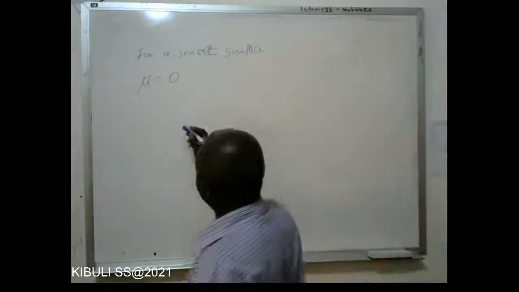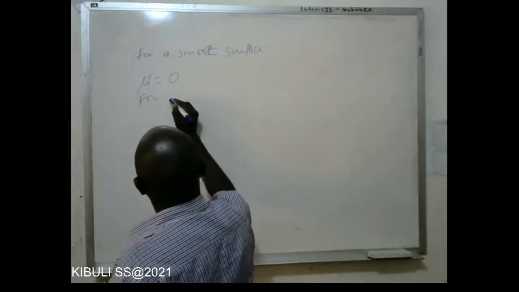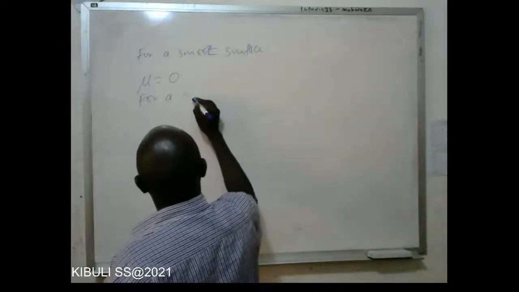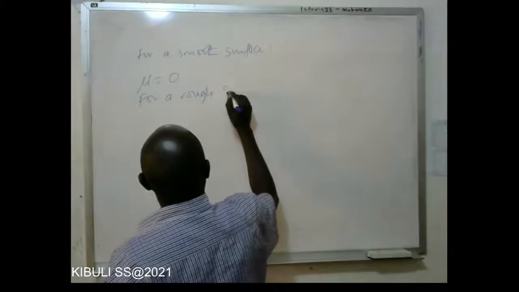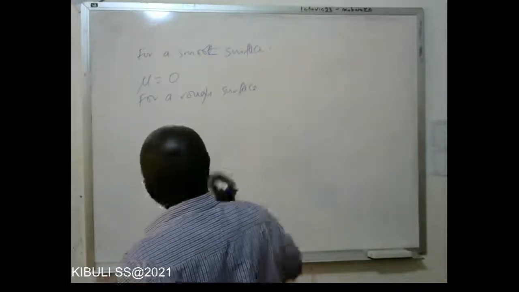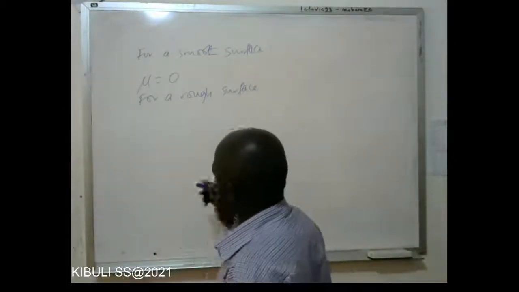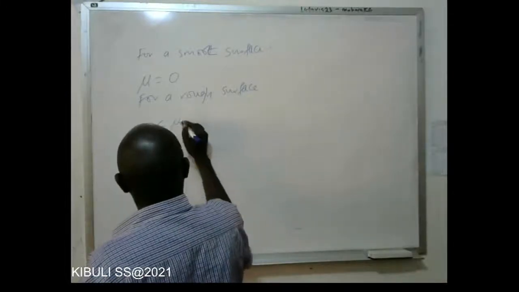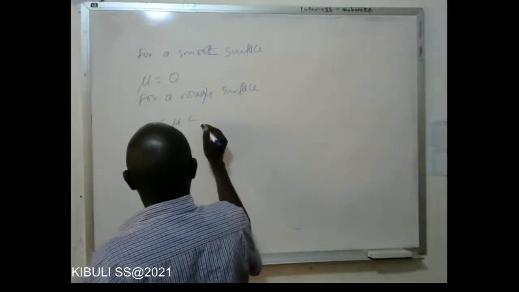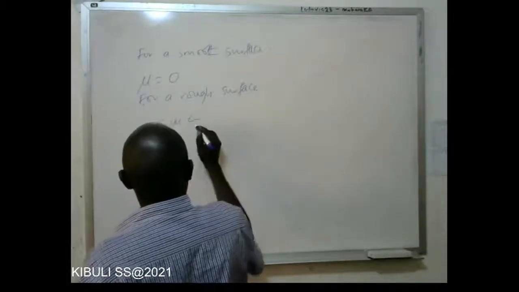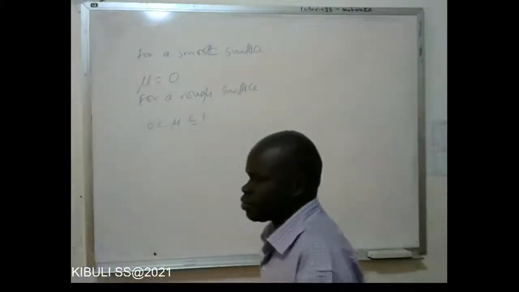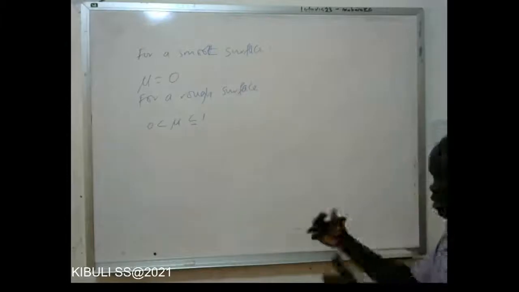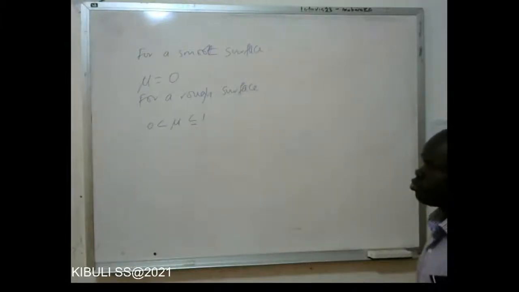Now when the surface is rough, the coefficient of friction is greater than 0 but less than 1, or we can take the theoretical value that is equal to 1.